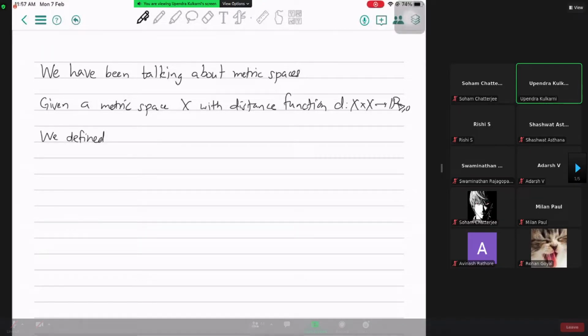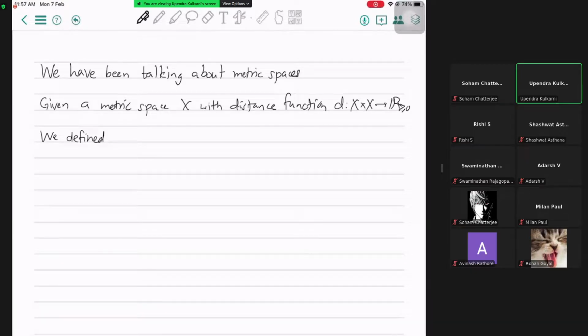All right, so we've defined several terms. Open ball B_r(x) of radius r, a positive radius, centered at x.